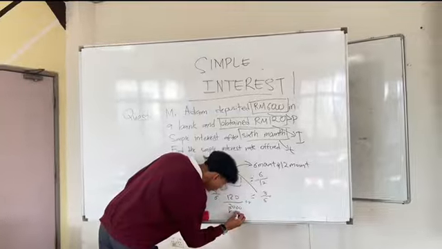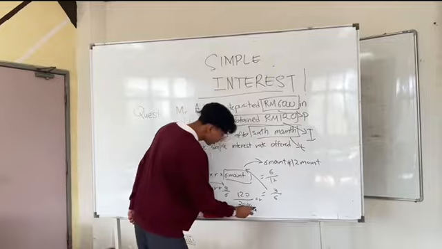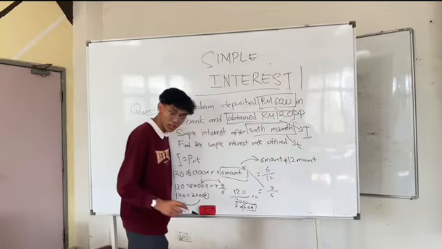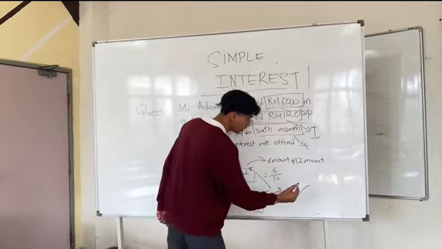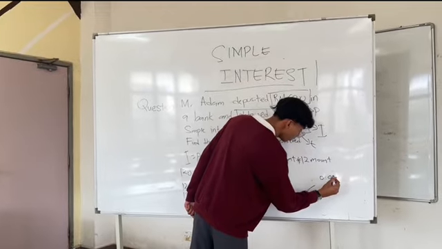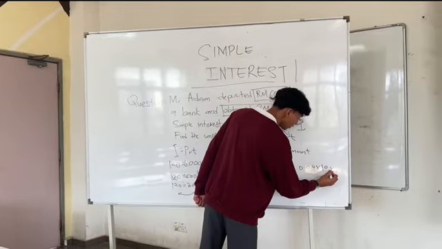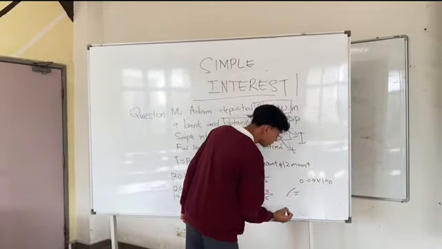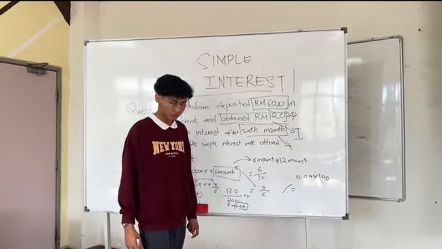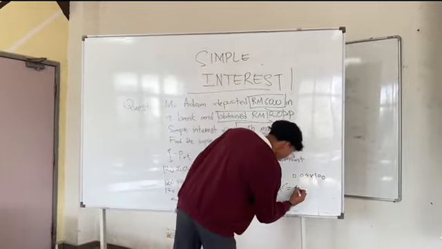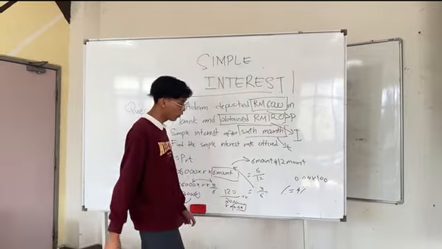R equals 0.04. If I put it in the form of percent, we must multiply 0.04 by 100, so it will be 4. So the answer is 4, the rate is 4%.